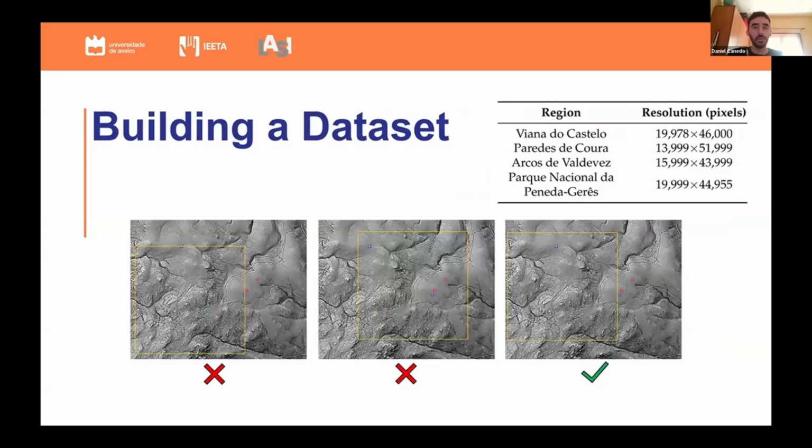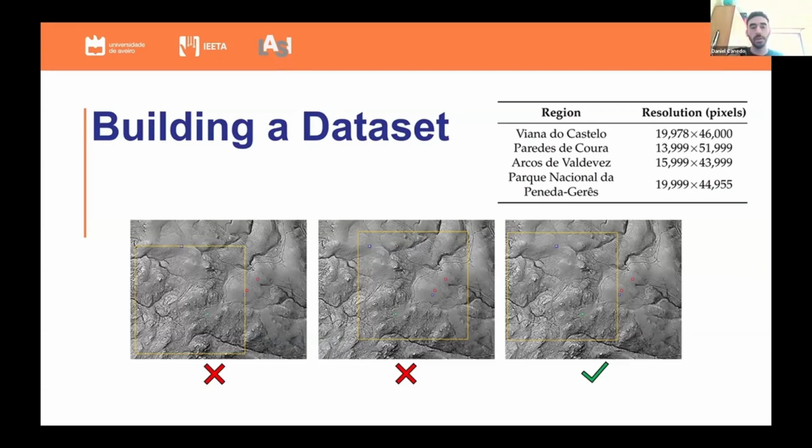After having the annotations, we had to build our dataset. As you can see in this table, the images that we have access to are quite huge, and we cannot simply feed those images to our models because, of course, it will give some kind of memory or GPU error. So we had to break these images down into smaller images, and we built a simple algorithm to do that.